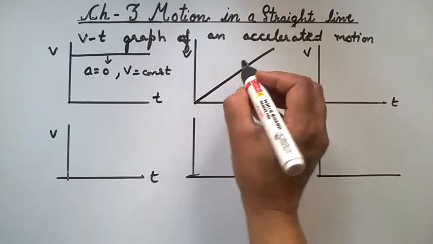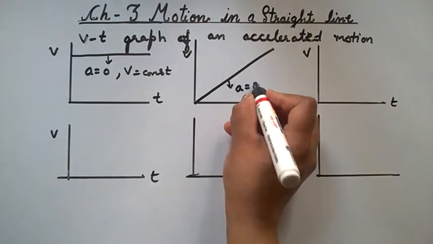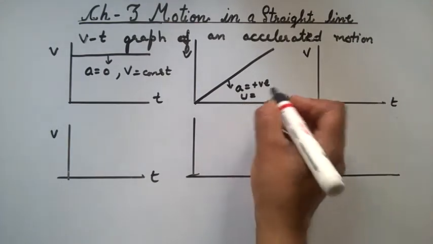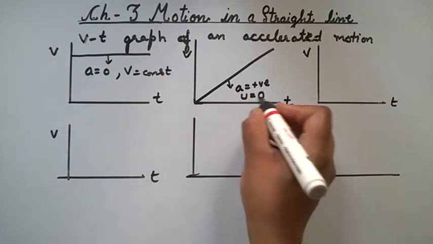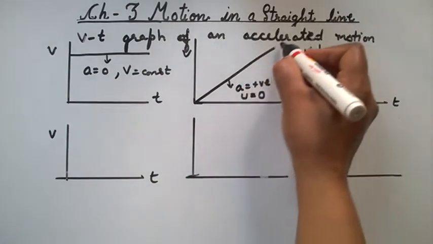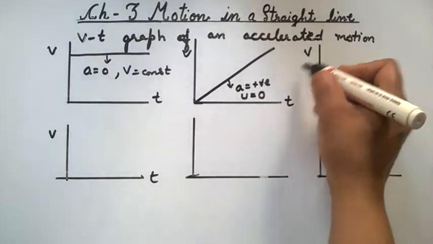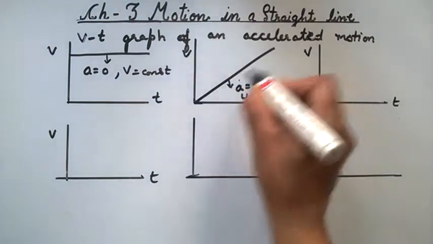Second case is when acceleration is positive and initial velocity is zero. Then it will start from the origin and it is an accelerated uniform motion. That is, the change in velocity per unit time is constant.